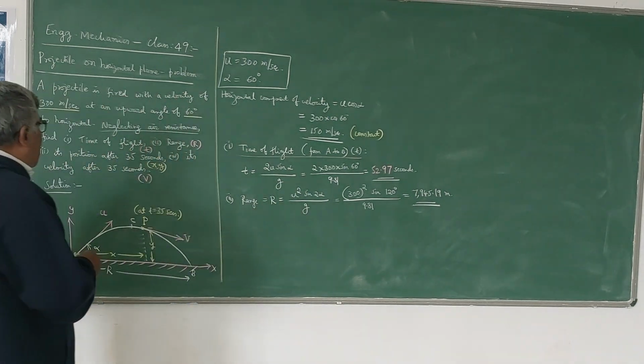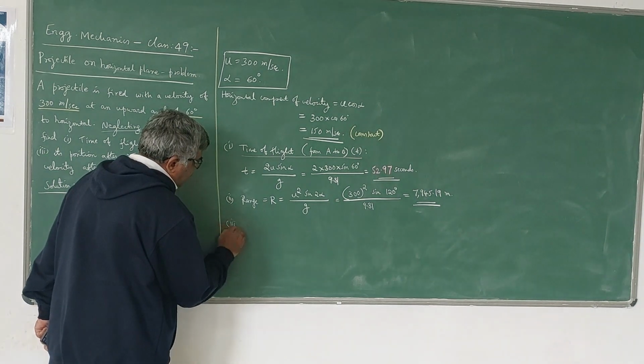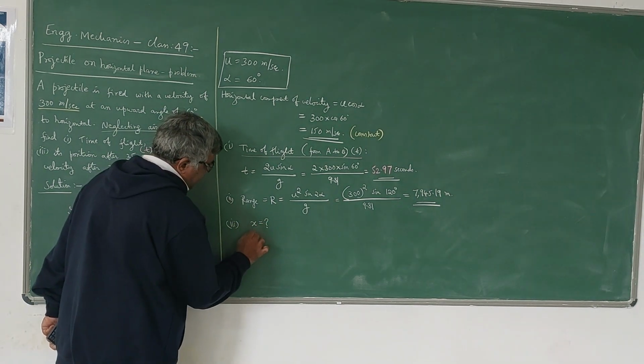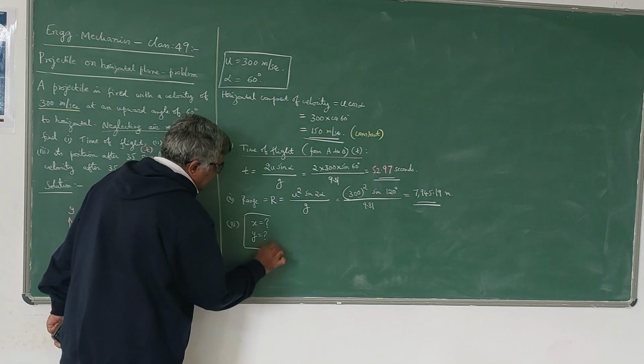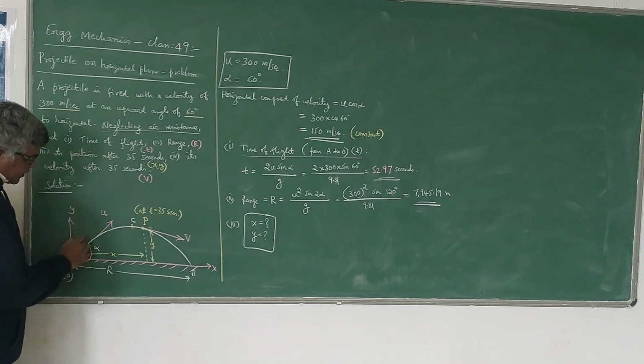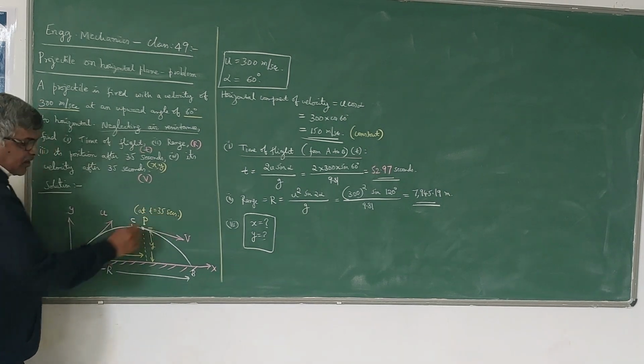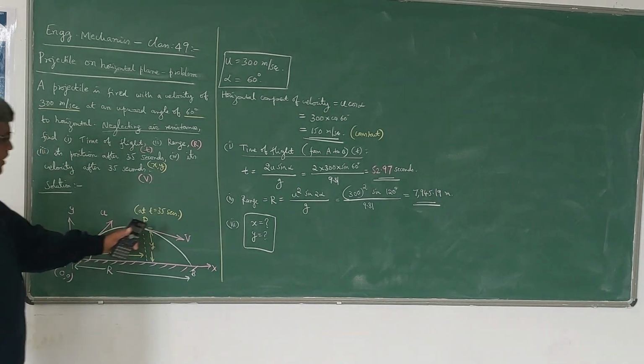Now the third thing is its position after 35 seconds, means we have to find out x and y. So I have shown the diagram. Let us say that the projectile has come to the point P after 35 seconds. So t is equal to 35 seconds.